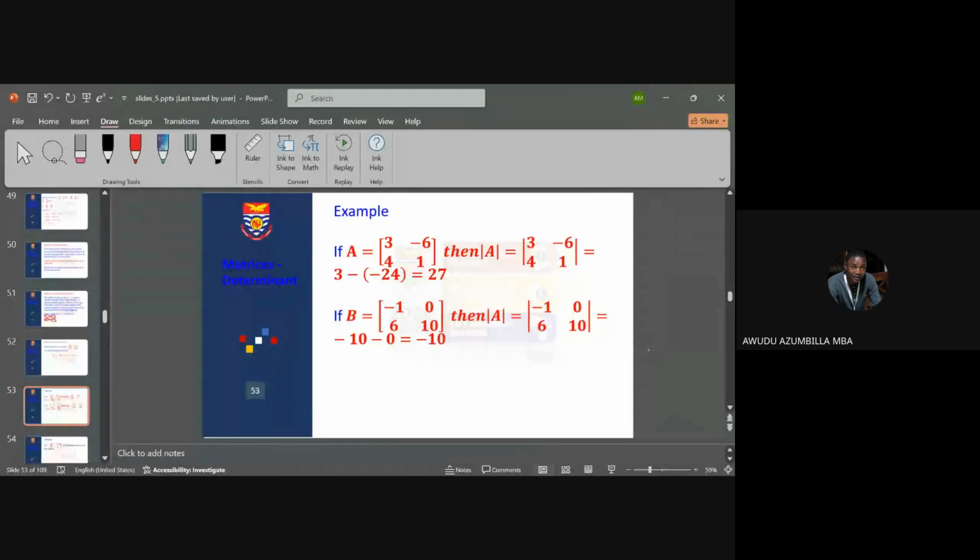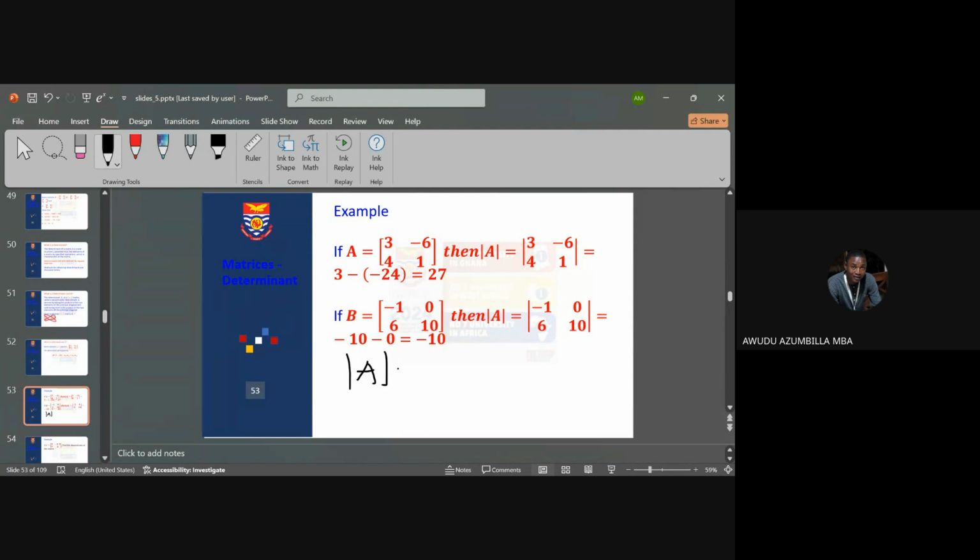So let's look at an example quickly for 2 by 2 matrices. We have a matrix A equal to 3, 4, minus 6, and 1, and you are asked to find the determinant. The determinant is denoted by absolute value bars like this.